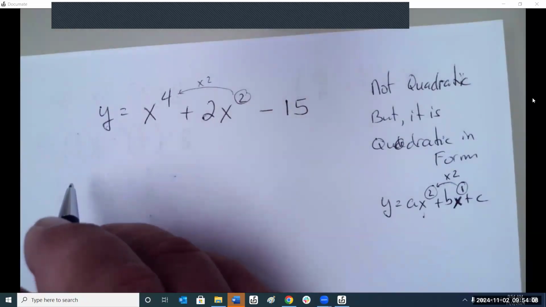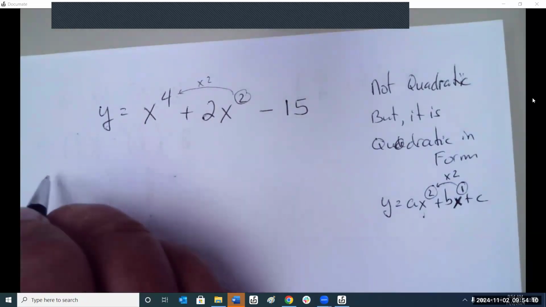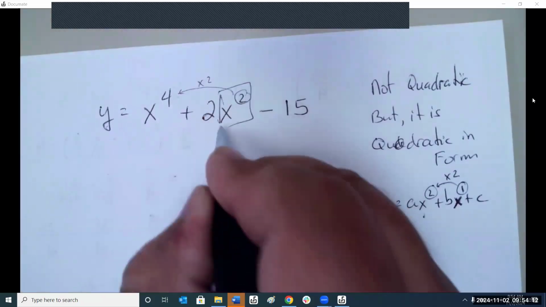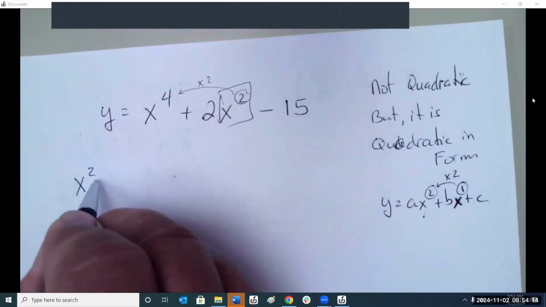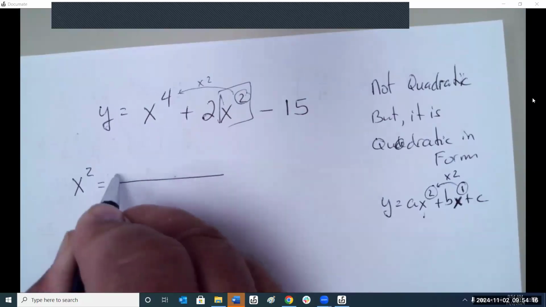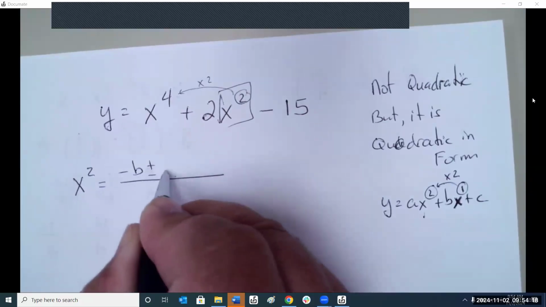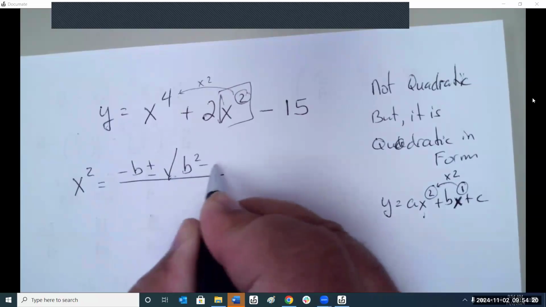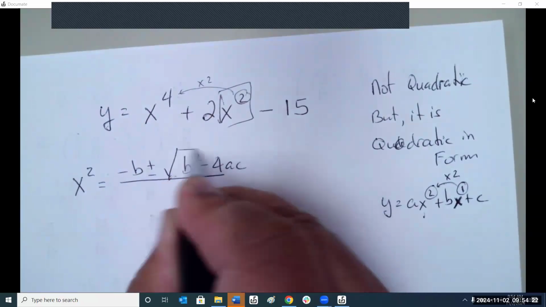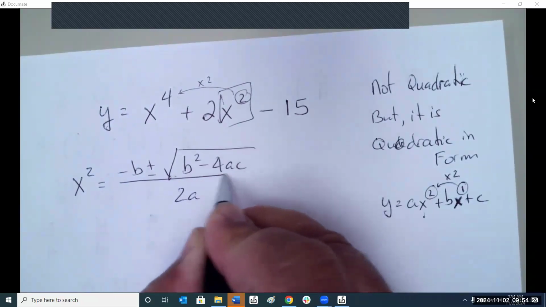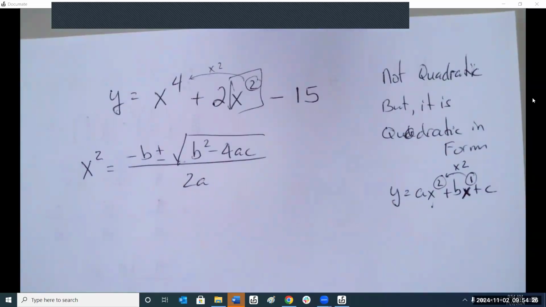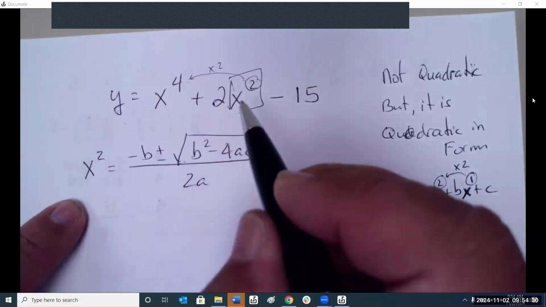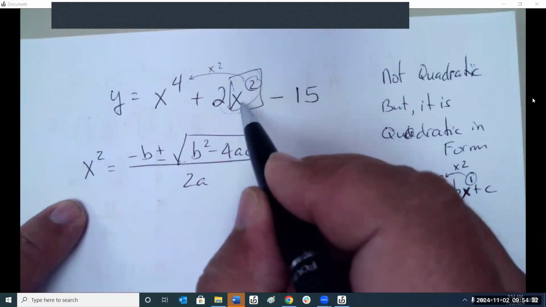If I use the quadratic formula to solve it, remember, you're solving for this middle term. So what you would have is x squared equals negative b plus or minus the square root of b squared minus 4ac over 2a. If you're using the quadratic formula, remember, you always solve for the middle term.